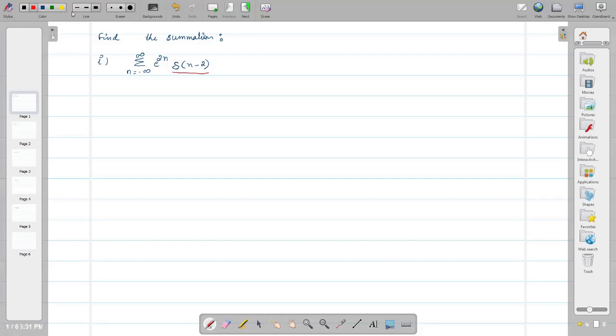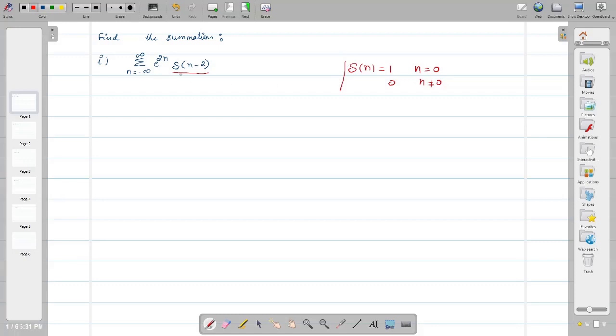First of all, we define the impulse signal, delta n, which is equal to 1 when n is equal to 0, and it is 0 when n is not equal to 0. This is the definition we all know.